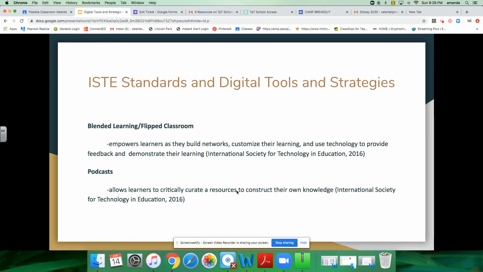So for the blended learning flipped classroom, the ones that I thought fit were that this particular strategy empowers learners as they build networks, customize their learning, and use technology to provide feedback and demonstrate their learning. For podcasts, I thought it met the following standards: allows learners to critically curate resources to construct their own knowledge.